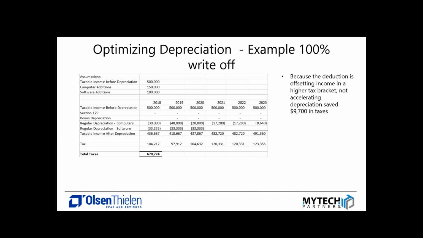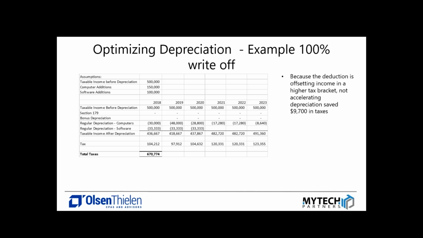But say you don't take any 179 or bonus depreciation, you just take the software over 3 years and the computer over 5 years. You actually reduce your total taxes over the 6-year period by about $9,700, because what's happening is that when you take that $250,000 accelerated depreciation, it kicks you into a lower tax bracket.